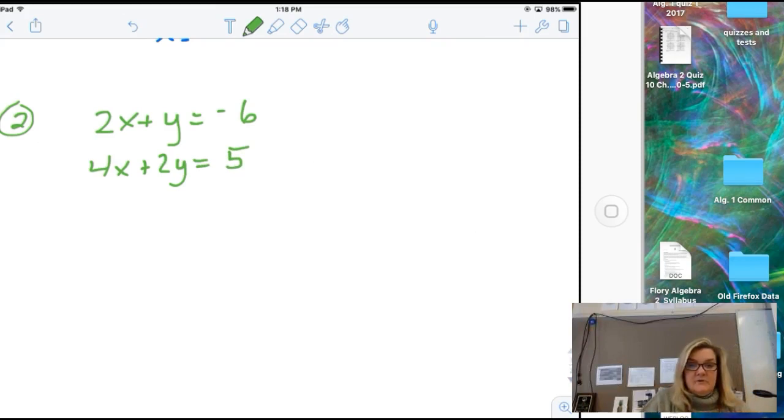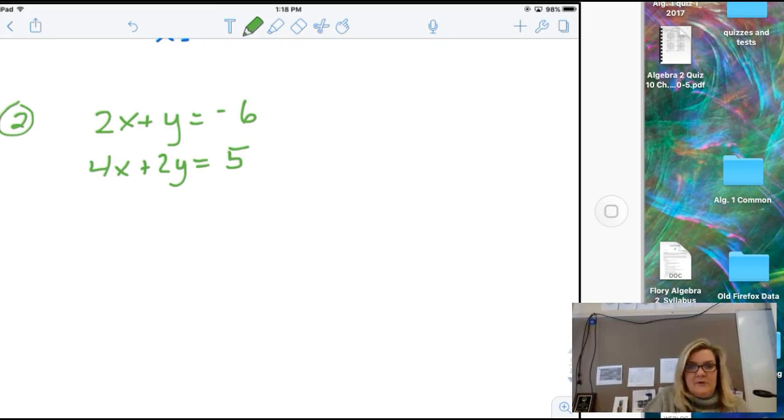Okay, so this is one of those times that I can look at my two equations and see that I have a 2x and a 4x, so if I multiply the top by -2, I could get rid of the x's. I have a y, and then the 2y underneath it, so I can multiply the top by -2 and get rid of the y's.